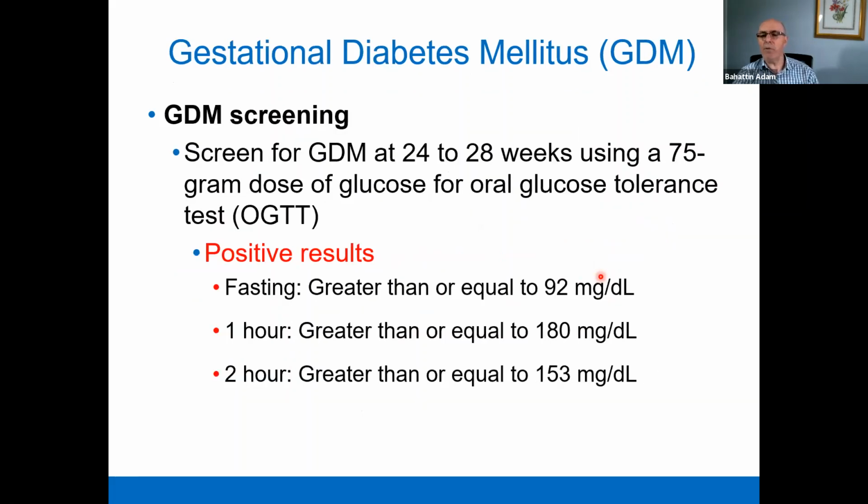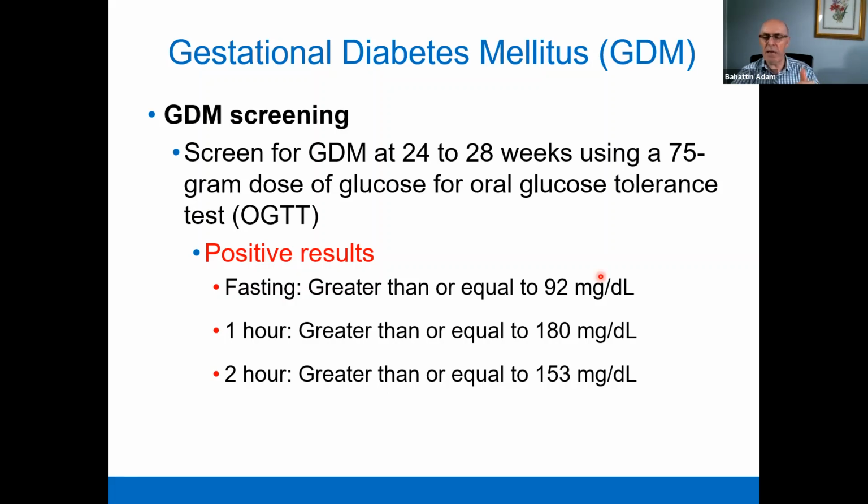How do we diagnose gestational diabetes mellitus? Screen for gestational diabetes mellitus at 24 to 28 weeks using a 75-gram dose of glucose for the oral glucose tolerance test. You give 75 grams of glucose, and first you withdraw fasting blood.